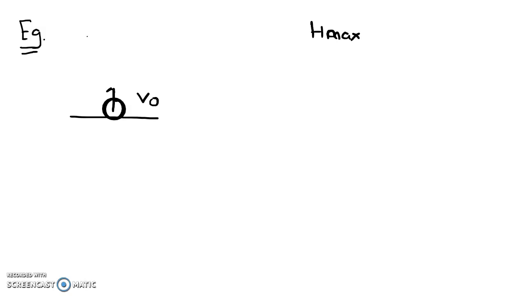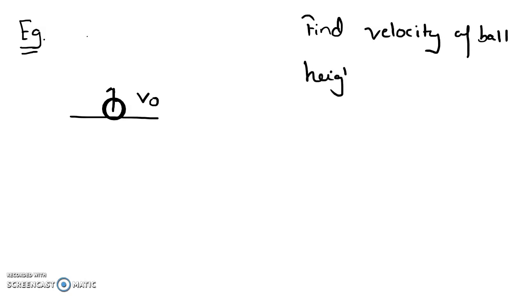The question is: find the velocity of the ball when it reaches a height which is equal to h max by 2.